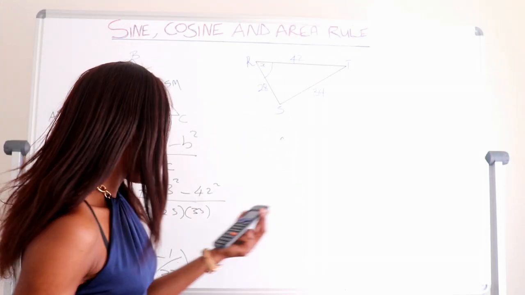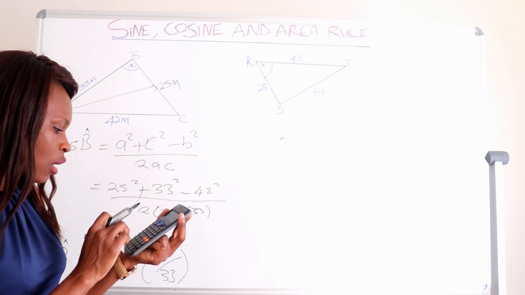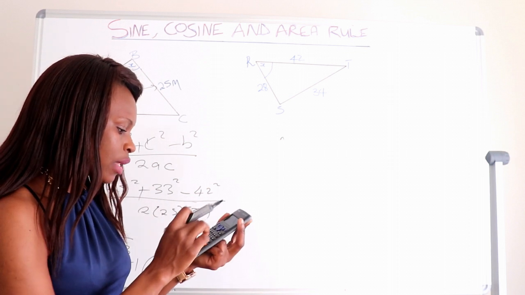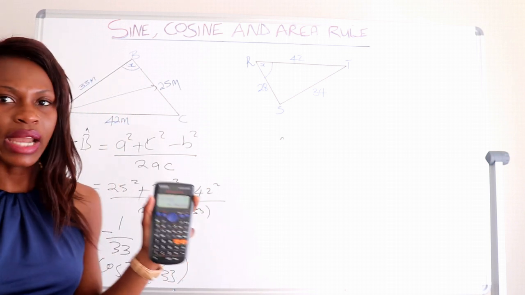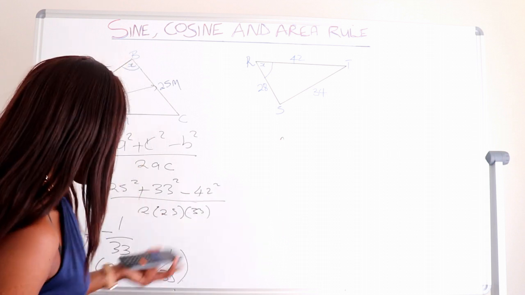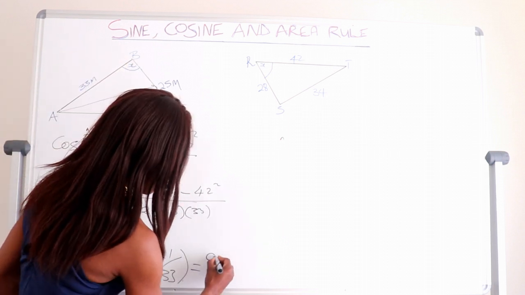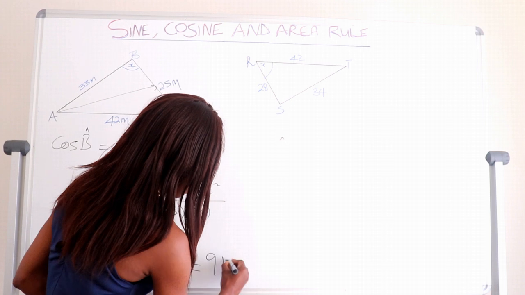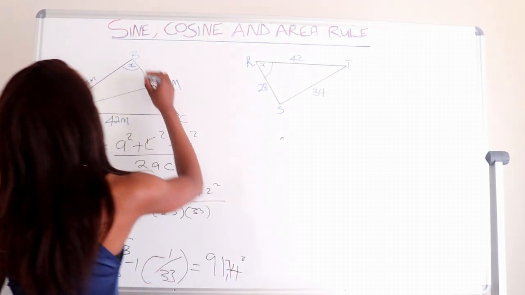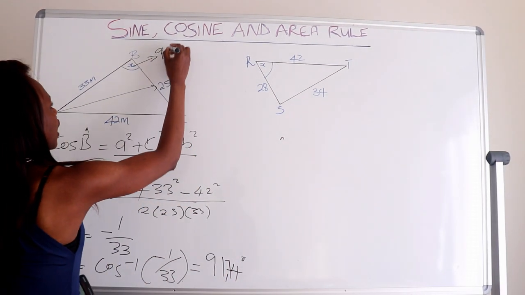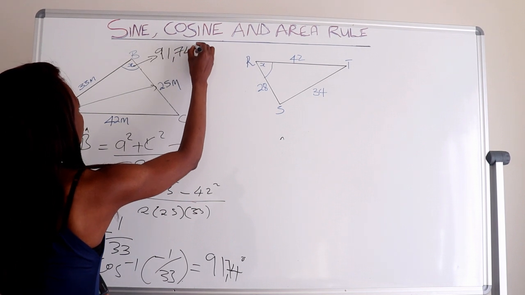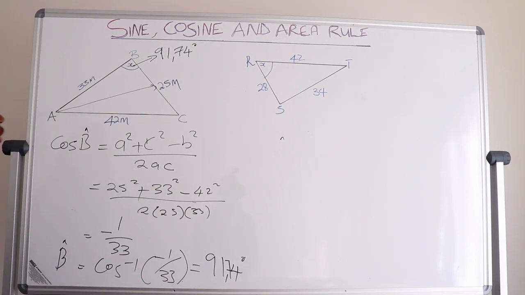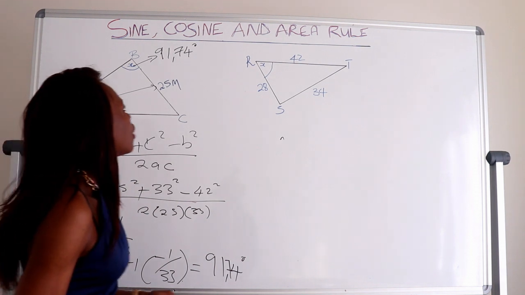From here you punch in negative 1 over 33 and that will be equals to 91.74 degrees. So the angle of B here is equal to 91.74 degrees. That is the value of the angle of B.